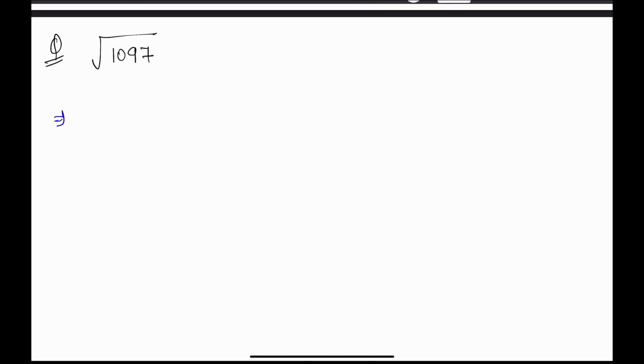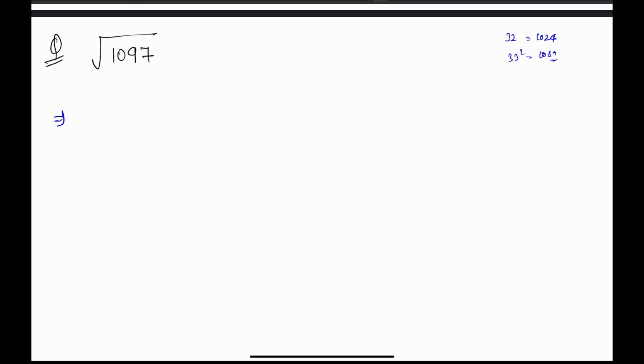We have to calculate everything in our head. 32 squared: 18 squared is 324, and 18 into 25 is 1024 near only. So 32 squared is 1024. What would be 33? 33 squared is 1089.